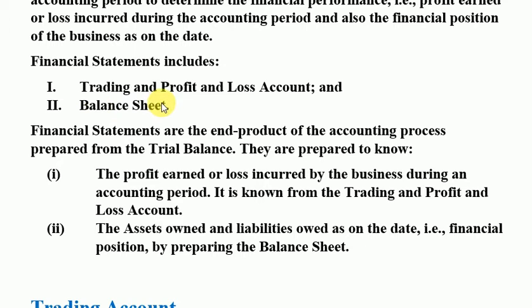Here are the reasons for preparing financial statements: to know the amount of profit or losses incurred by the business during an accounting period. It is known from the trading profit and loss account. With the help of the trading account, we'll find out the gross profit and gross loss, and then we'll transfer this gross profit or gross loss to our profit and loss account, and with its help we can find out the net profit and net loss of the concern.